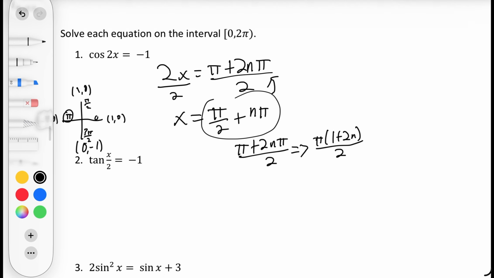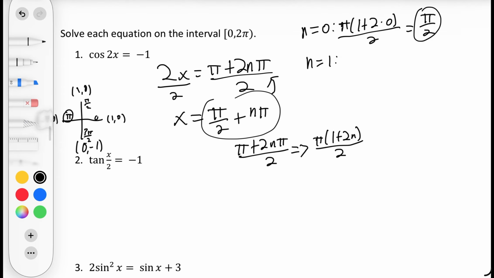Now we could plug in for n equals 0: pi times (1 plus 2 times 0) over 2, and then we're left with pi over 2. And then n equals 1: pi times (1 plus 2 times 1) over 2 equals 3 pi over 2.